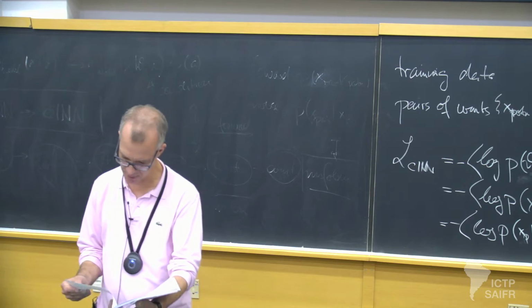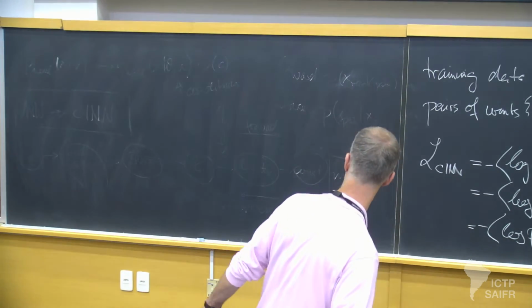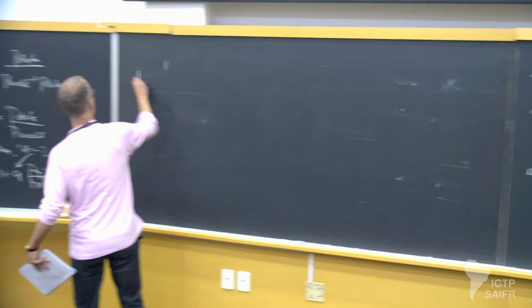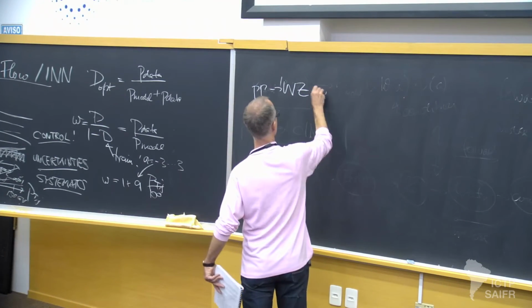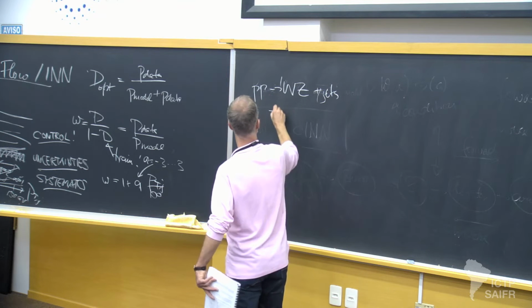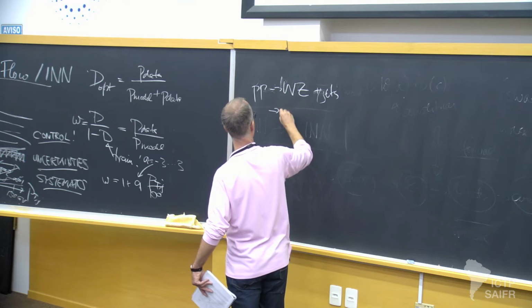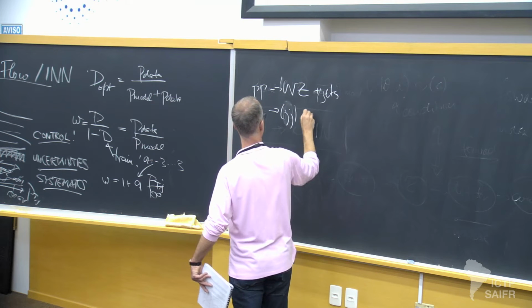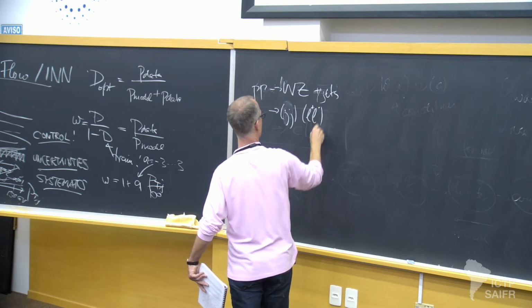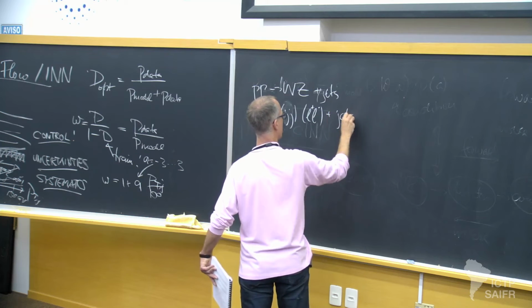Yeah, it's WZ production. We looked at WZ production plus jets. So you look for pp to WZ plus jets, and let's assume that the decay you're looking for is W goes to jets, and Z goes to leptons, plus jets, right?